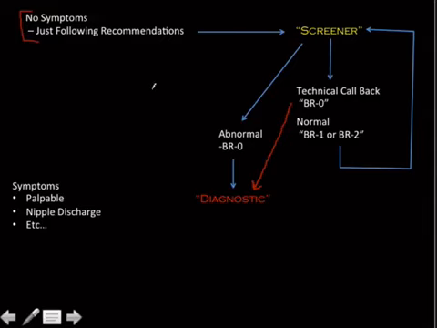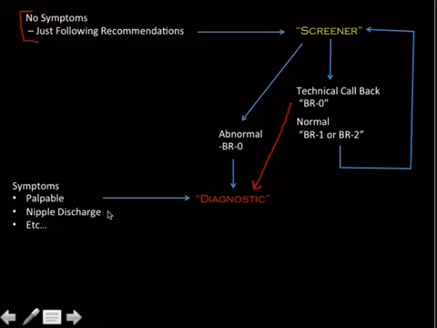They're just showing up because they were told by their family medicine doctor that they need to get a mammogram. The patient who has a palpable finding, nipple discharge, or the dreaded breast pain, which is always benign, will end up entering the diagnostic pool.